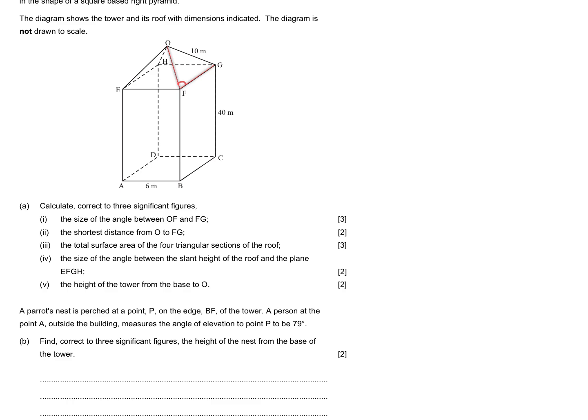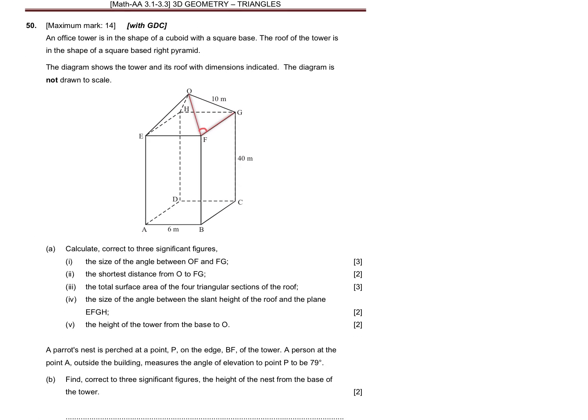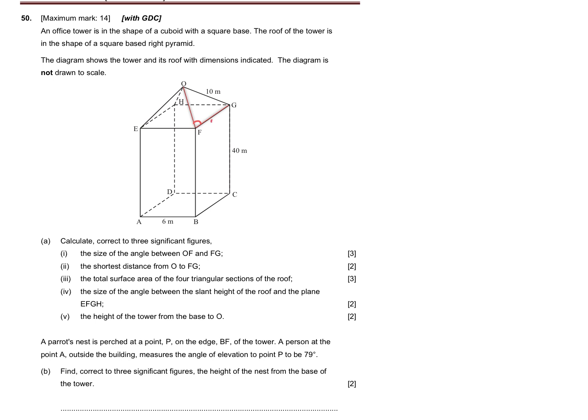So, this is a square, so this is 6, and this is 10. So we're going to use the cosine rule. This is C, so we've got C here.